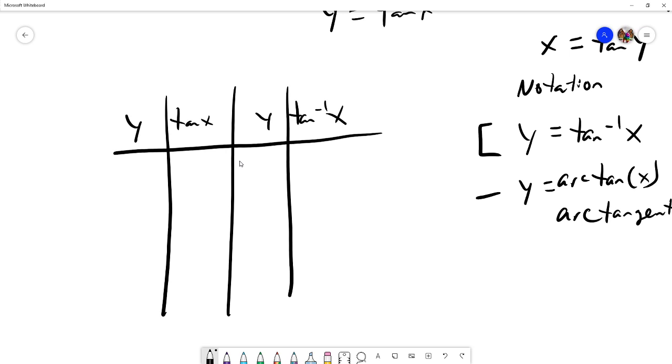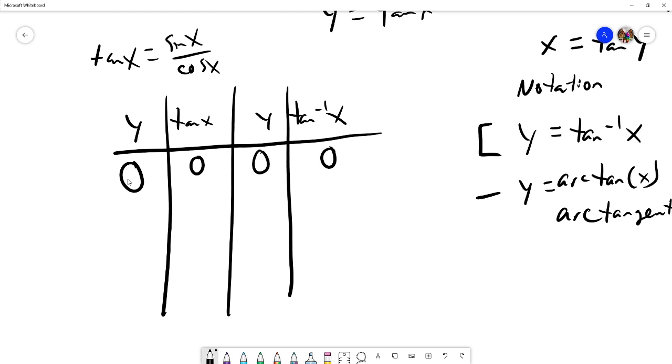If I plug in a 0 for tangent, remember tangent x is equal to sine over cosine. So this is really saying sine of 0 divided by cosine of 0. Sine of 0 is 0, cosine of 0 is 1, so we get 0. So if I plug 0 into arctangent, I'm going to get out 0, because the output becomes the input, and the input becomes the output.